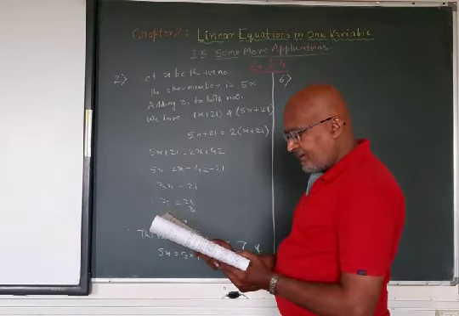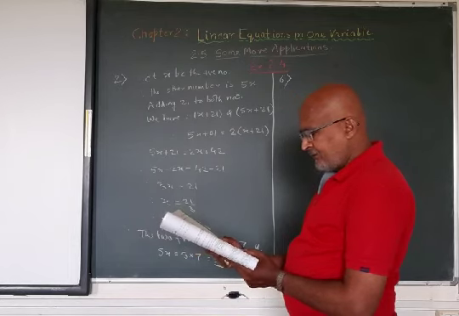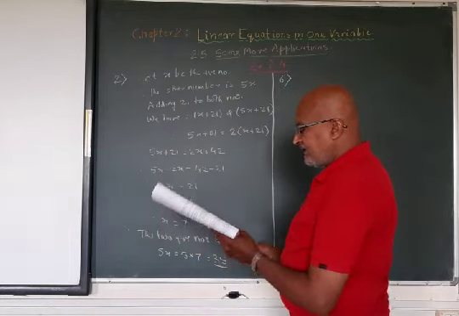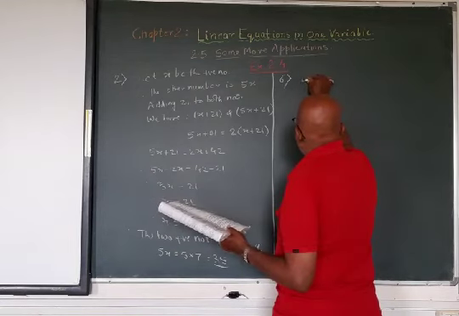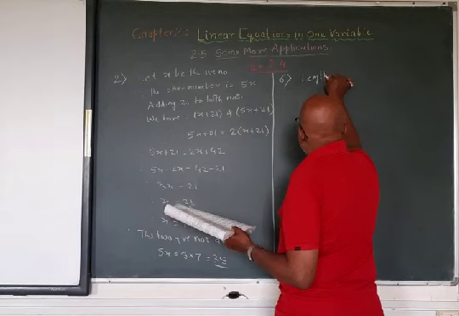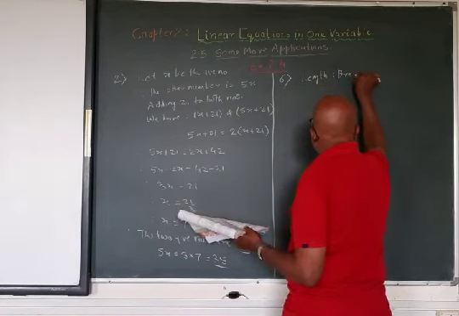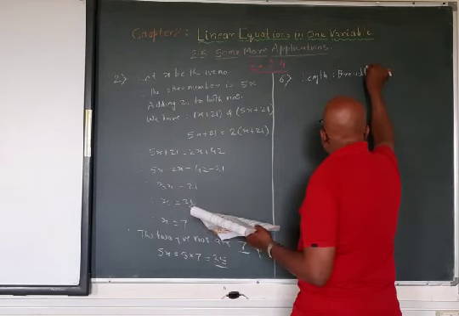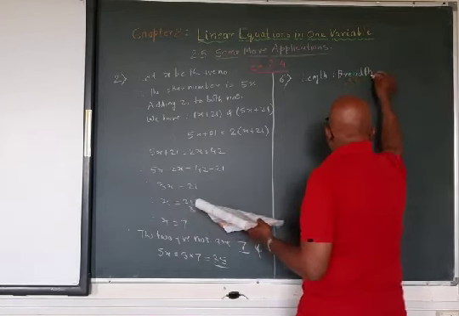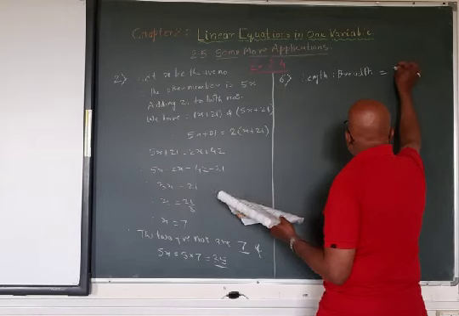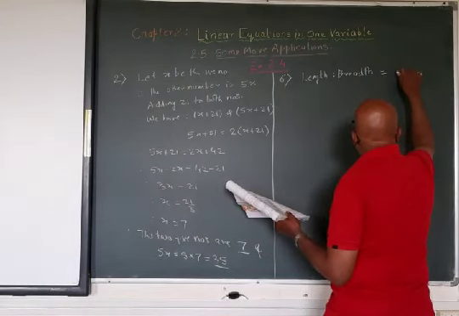The length and the breadth of the plot are in the ratio 11:4. So length is to breadth equal to 11:4.